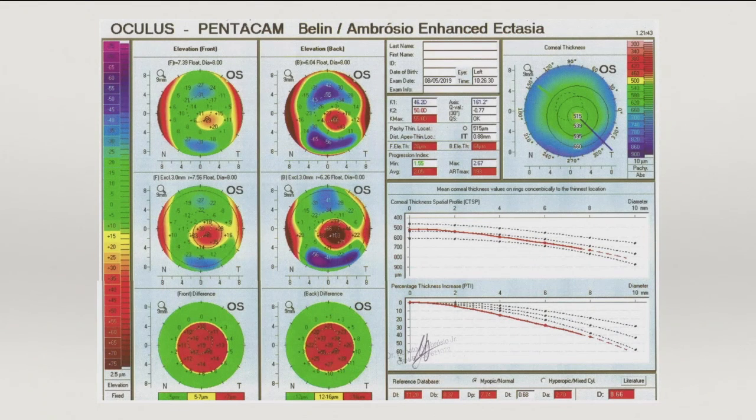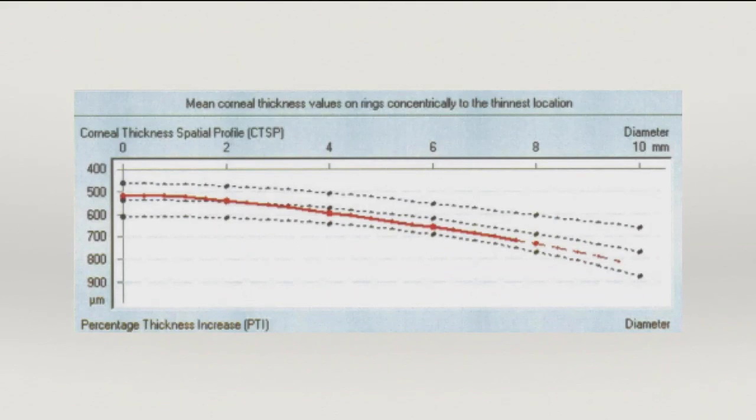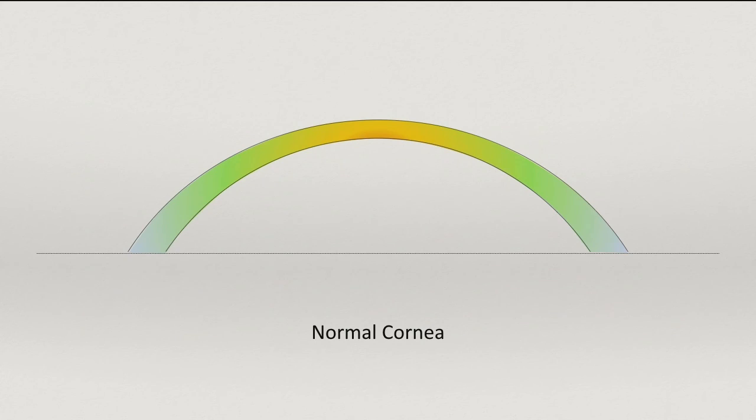A very good tool for that is the map of thinning progression, and we can see clearly that a keratoconus eye does not follow what has been determined as the progression of thinning in normal eyes.